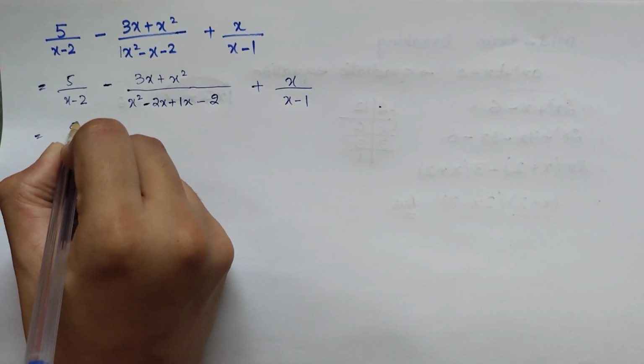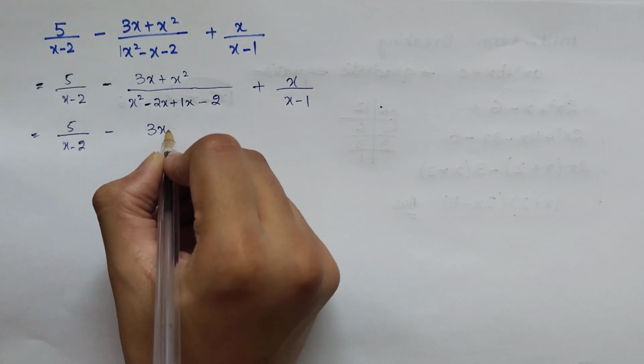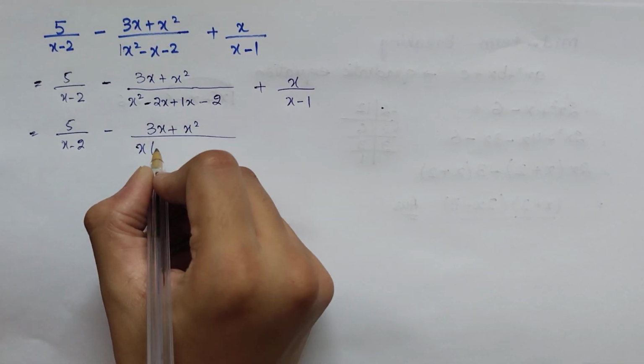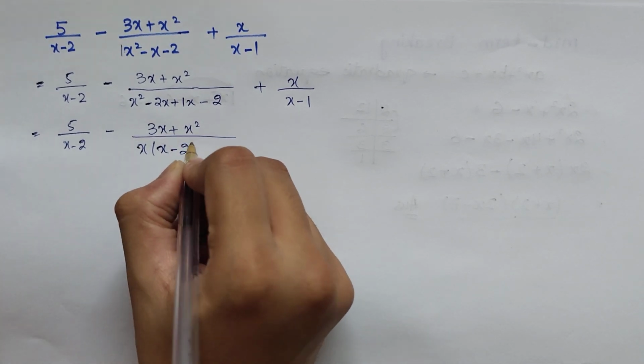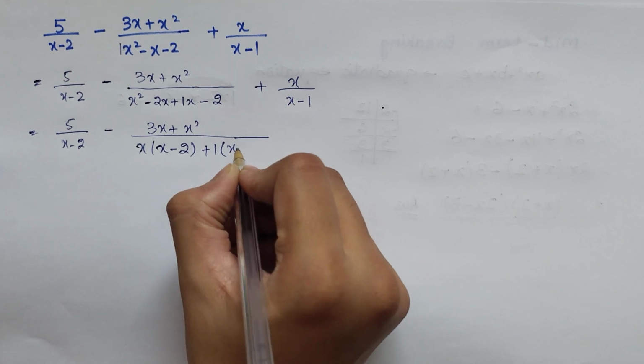Next step, 5 over x minus 2 minus 3x plus x square over, now take common x from the first two, it becomes x minus 2. Next, take 1 from the other two values, it becomes x minus 2.